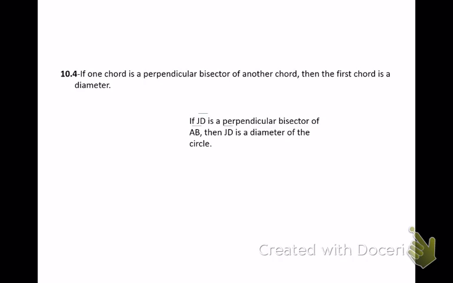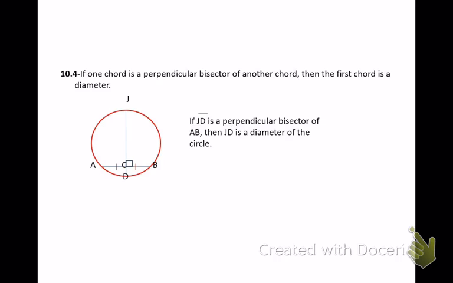All right? Next theorem says that if one chord is a perpendicular bisector of another chord, so JD is a chord in this picture, AB is another chord, and JD is a perpendicular bisector of AB, then the first chord is a diameter. In other words, JD has to be a diameter. It has to go through the center.